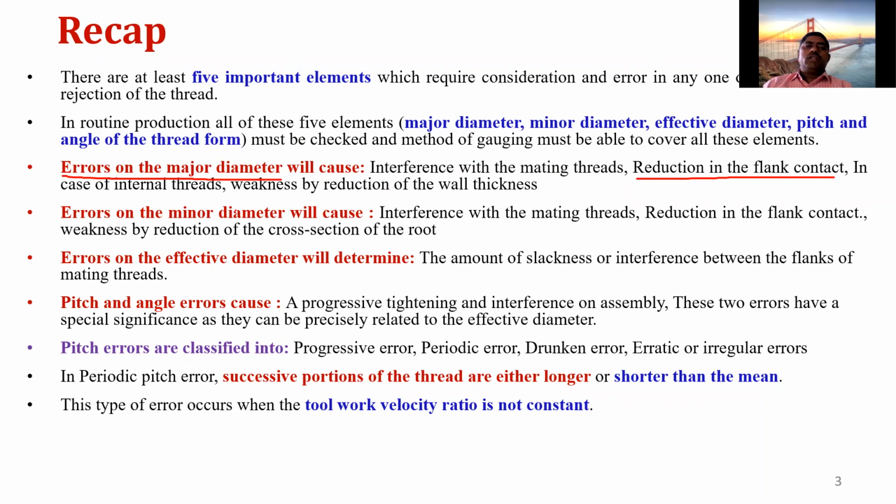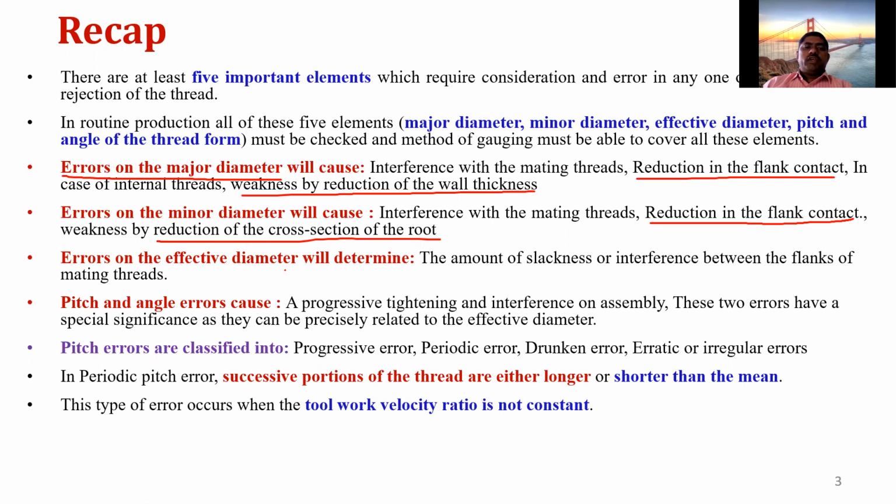In case of internal threads, any error in the major diameter will weaken the strength of the screw thread by reducing the wall thickness. Similarly, errors on the minor diameter will cause interference with the mating threads, reduce the flank contact, and also weaken by reduction of cross section of the root.